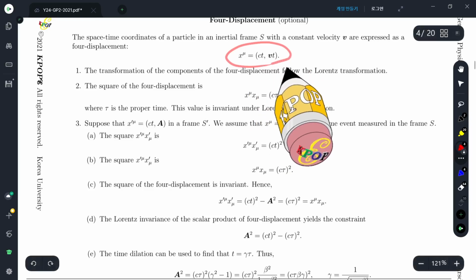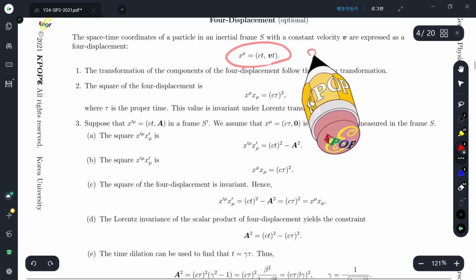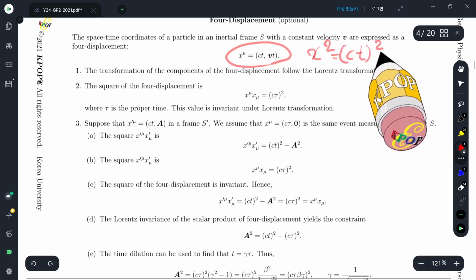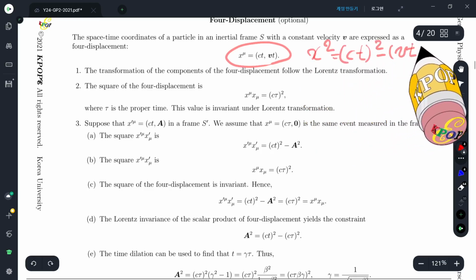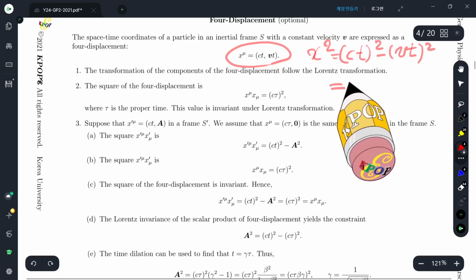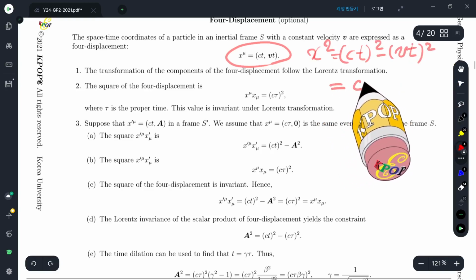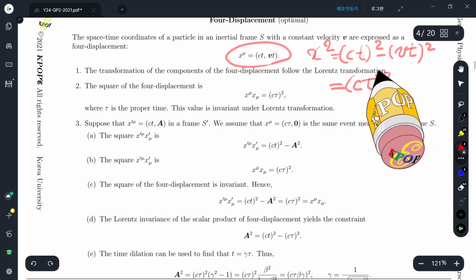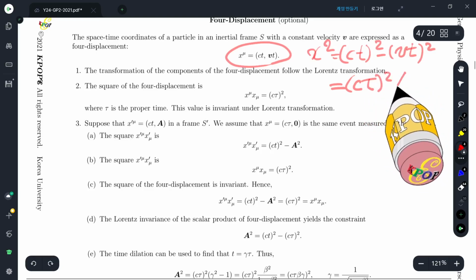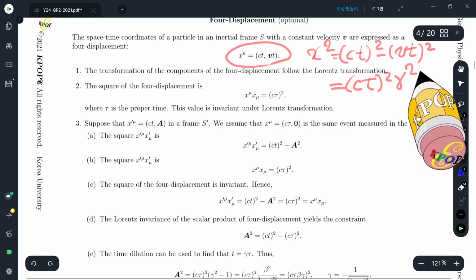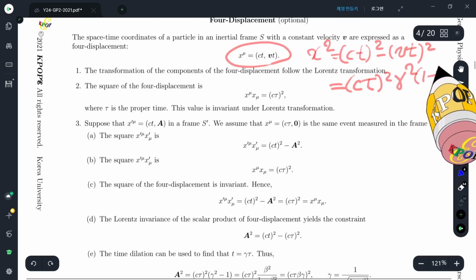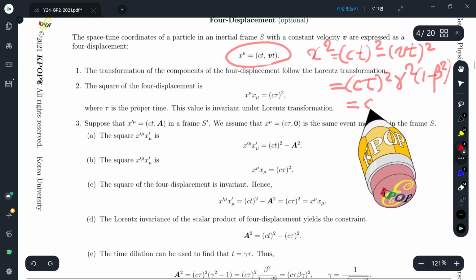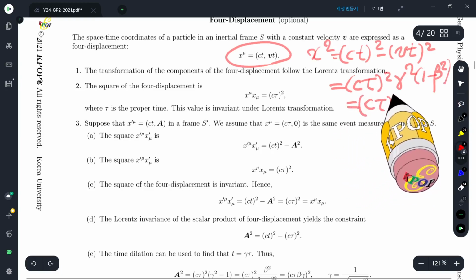This is a Lorentz invariant because x squared equals c t squared minus v t squared, and c tau squared is gamma squared times 1 minus beta squared, that is c tau squared.